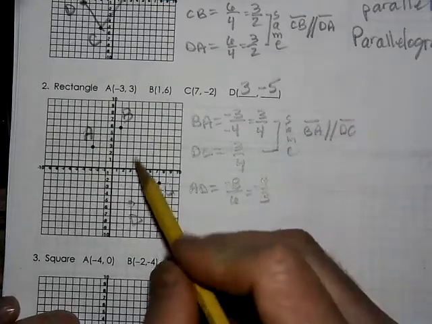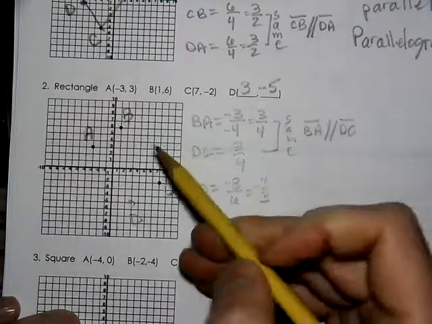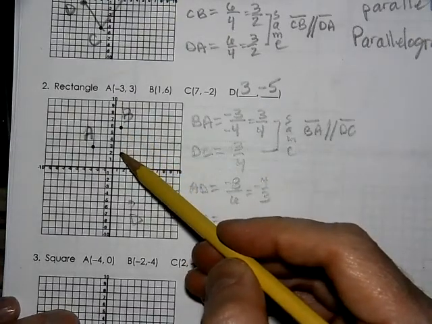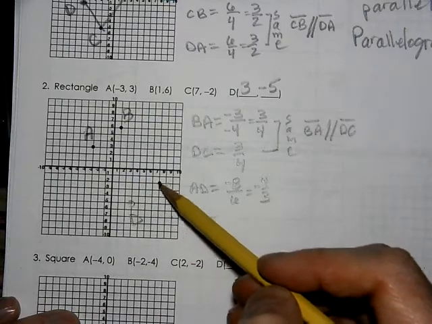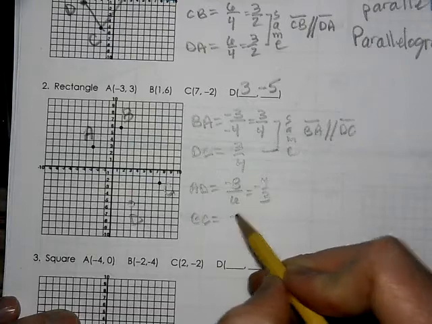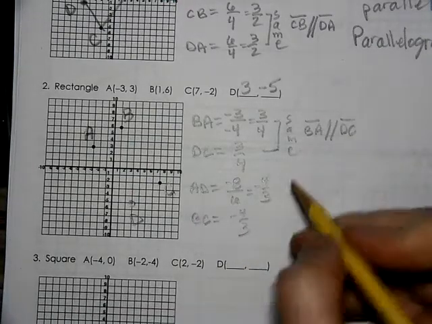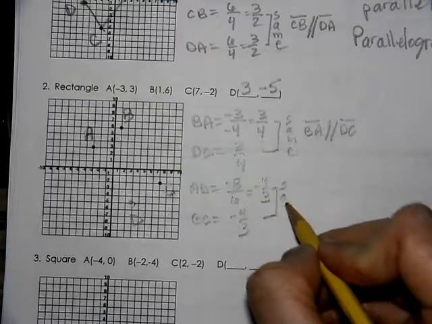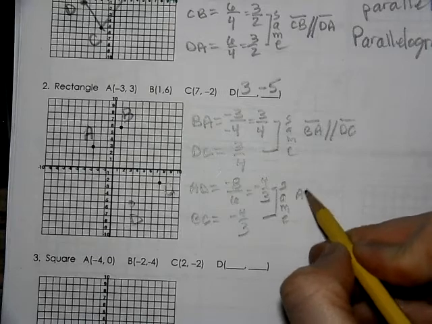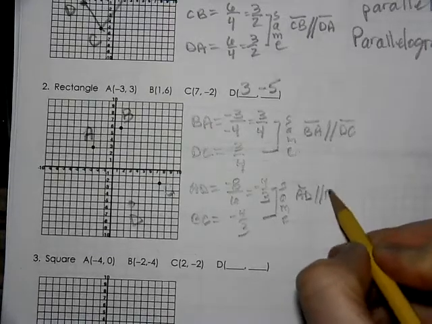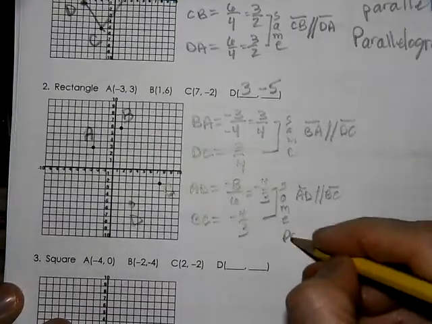So we should have the same thing now with B to C. These are the same. So we know that AD is parallel to BC. That makes a parallelogram.